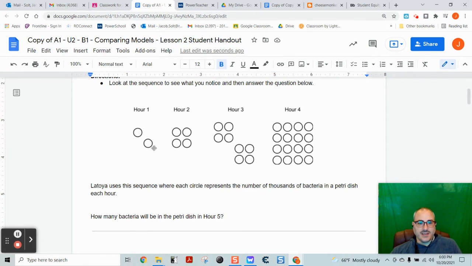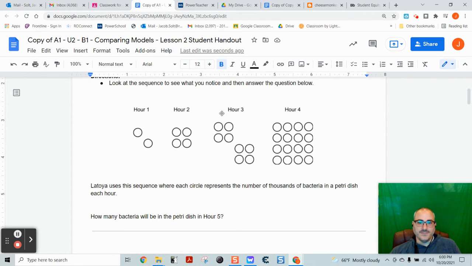Each of these dots represents 1,000 bacteria. So here's 2,000 bacteria in hour 1. In hour 2, we've got 4,000 bacteria. In hour 3, we've got 4 plus 4, that's 8,000 bacteria.